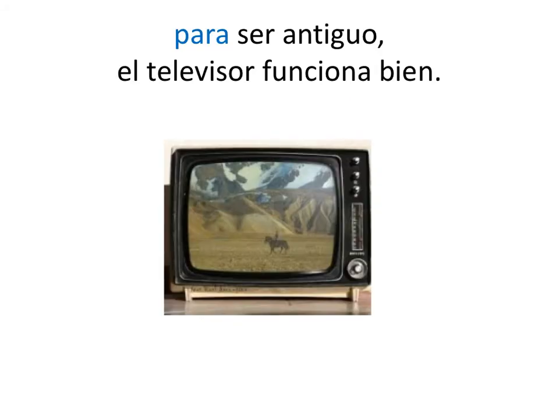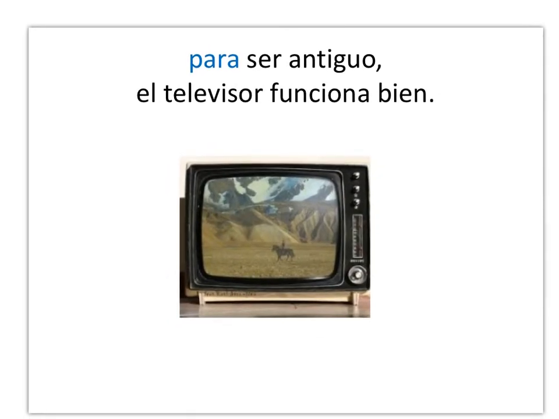Perdón, para ser antiguo, el televisor funciona bien. So, el televisor es muy antiguo, es una paradoja, una contradicción. So because this TV is very old, we have a contrast, some sort of comparison, a paradox, if you will.